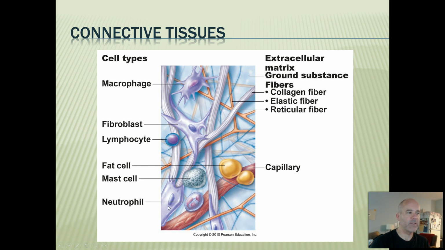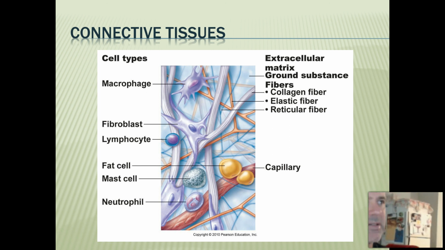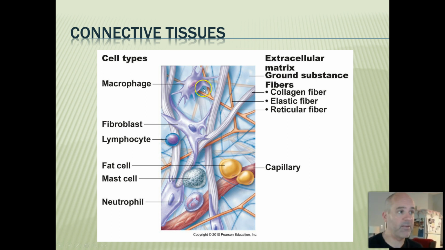There are some other cell types that you see here, like your fat cells or your adipocytes. Those, of course, store fat. The macrophages, we've talked about those. Those are like the vacuum cleaners that gobble up bacteria and fungi and viruses and dead cells of your own and damaged tissue components and so forth. Their job is to ingest and digest those types of things to clear them out.